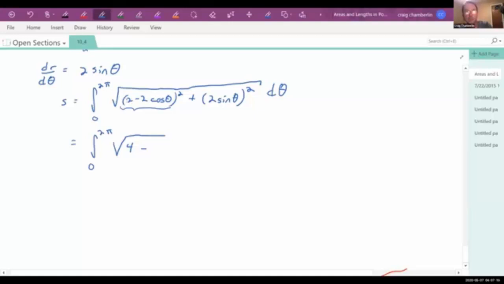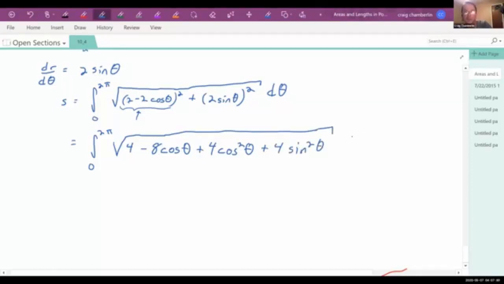So square the 2, then subtract off 2 times 2 times 2 cosine, which makes 8 cosine theta, plus the last term squared, which is 4 cosine squared theta. And then don't forget to square the 2 on the 2 sine of theta, the whole thing squared, so 4 sine squared theta.